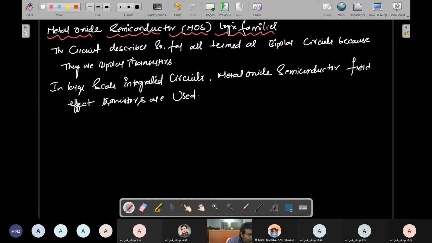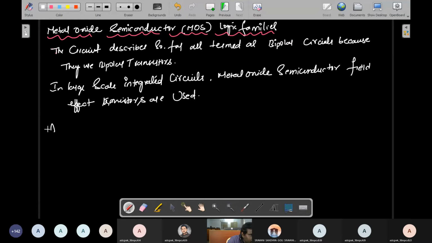But large scale integrated circuits are manufactured only with metal oxide semiconductor field effect transistors. So what are the advantages of MOS logic families?